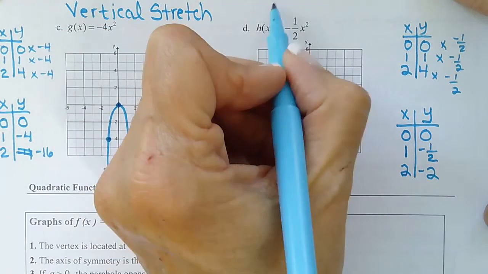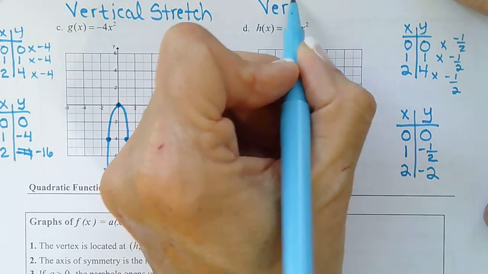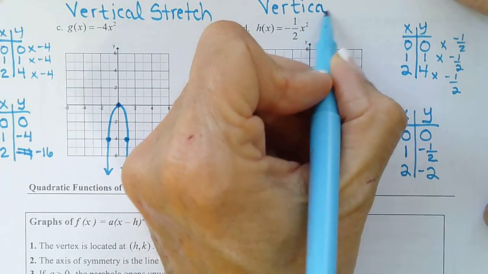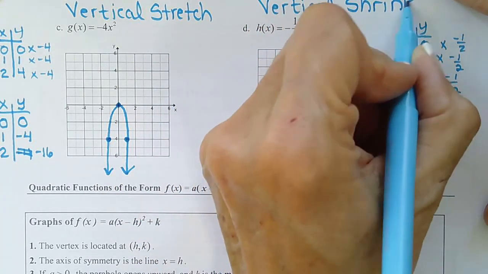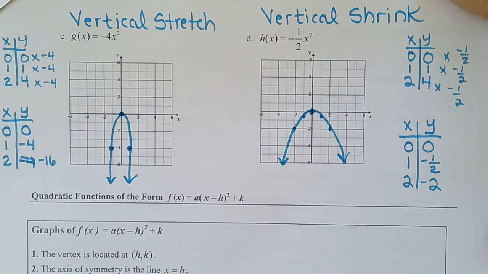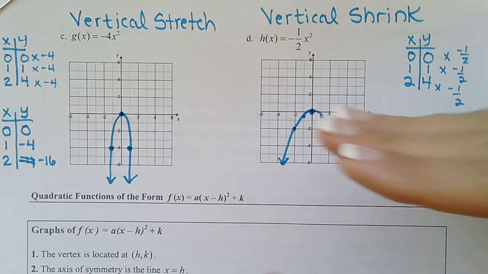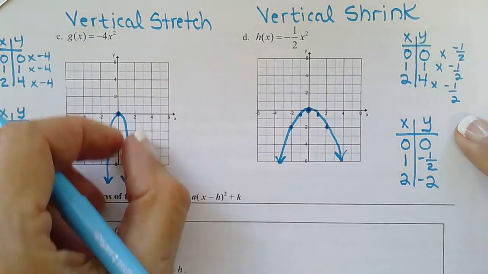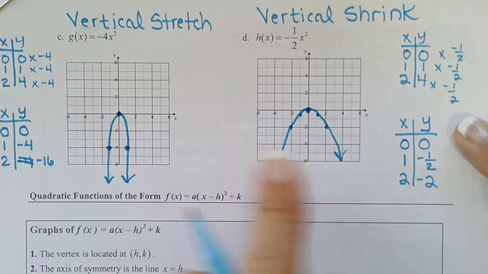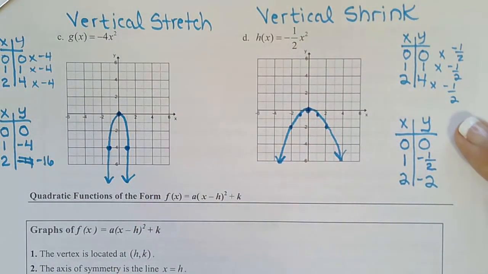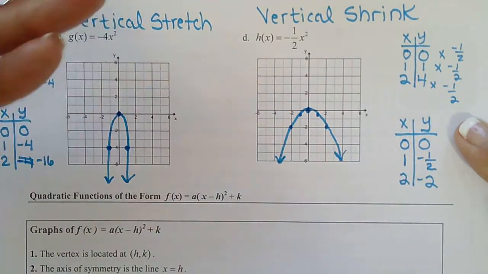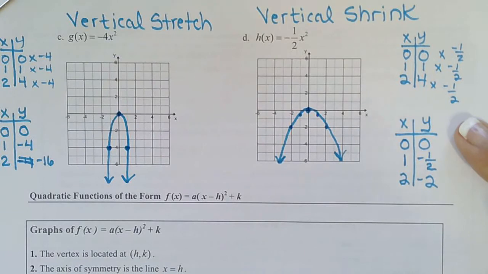And this is called a vertical shrink because in this case it's going down slower, so it's shrunk vertically. Where this one, think of it as stretching it like a rubber band. This one is going down more slowly. So that's called a vertical stretch, a vertical shrink, and it works both for parabolas cupping up and parabolas cupping down.